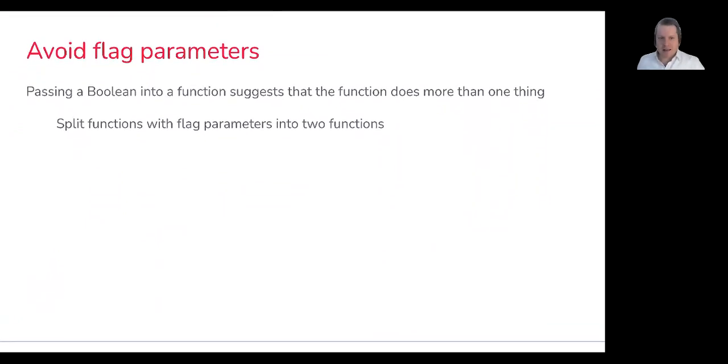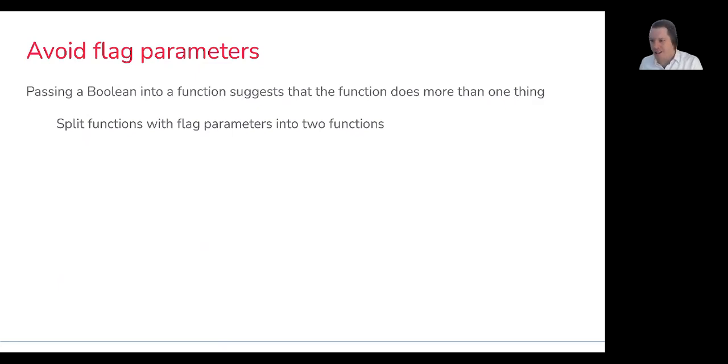So another attribute of a good function is to avoid flag parameters. Passing a Boolean into a function suggests that the function probably does more than one thing. There's probably some area where you're going, hey, if the flag's set to true, I'm doing one thing. If the flag's set to false, I'm doing another. In this situation, just split it into two functions, because again, a function should only do one thing, and it should do that one thing well.